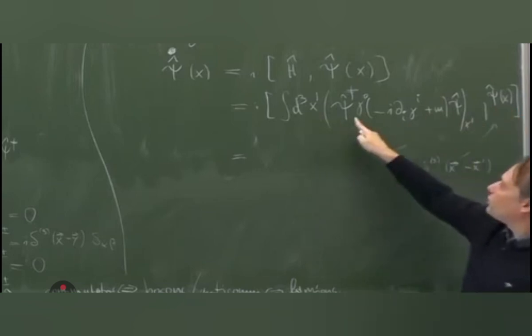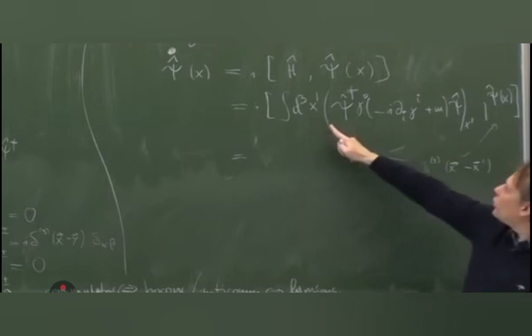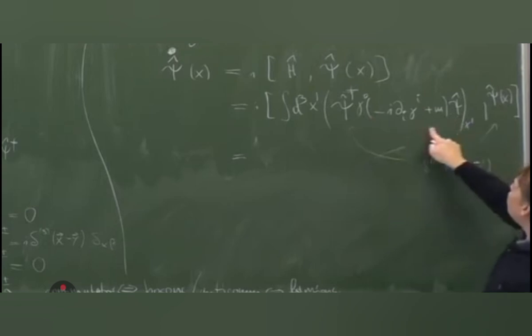These two give you a three-dimensional delta function between x and x prime. So between that x and this x prime, which is integrated over, afterwards the integral collapses and x prime becomes x. The only thing that remains is this part here, where the argument x prime has become x.